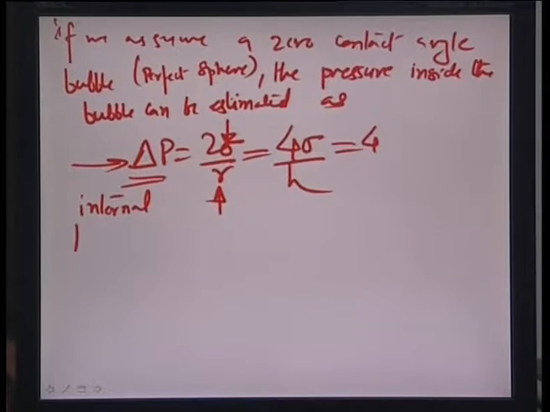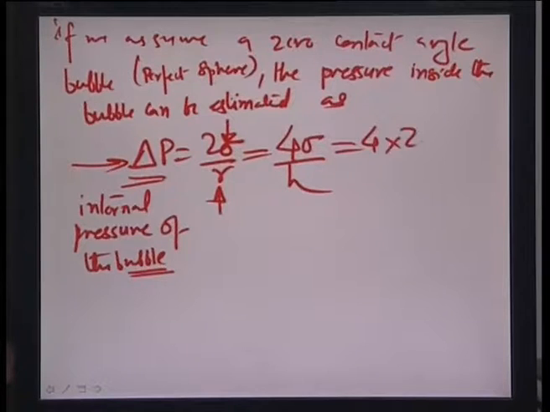That is 4 times 72 times 10 to the power minus 3, divided by 28 times 10 to the power minus 6.